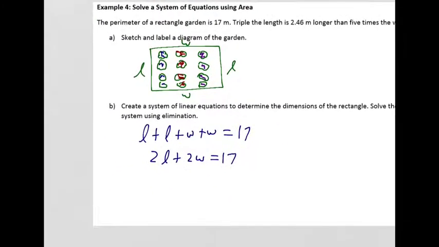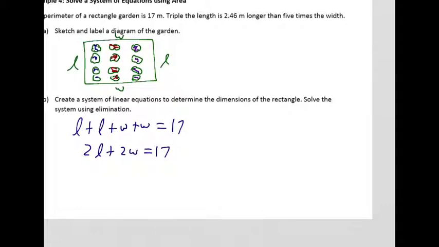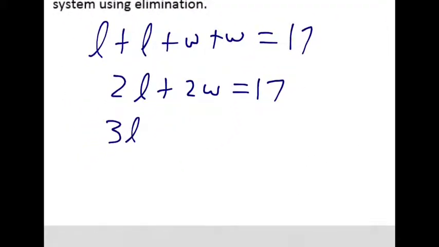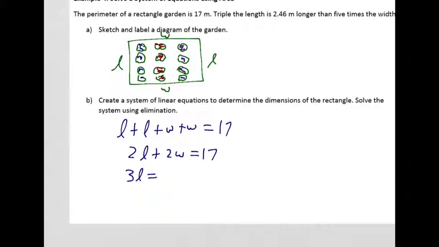Now to find the other one. That's a little tougher. Triple the length is 2.46 meters longer than 5 times the width. How would you do that? Would it be 3L, triple the length, equals 2.46 longer than 5 times the width, so plus 5W.